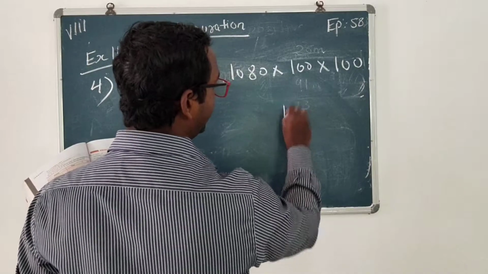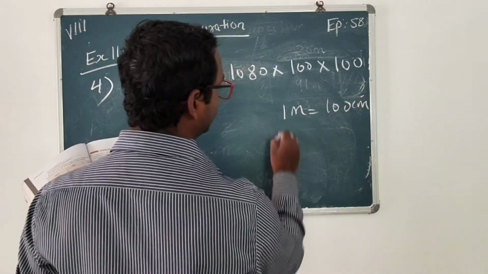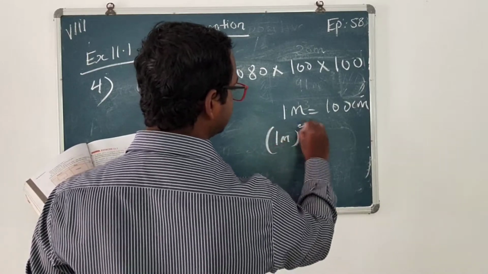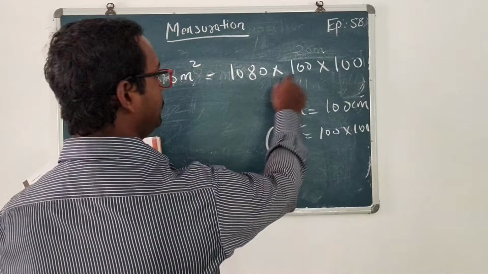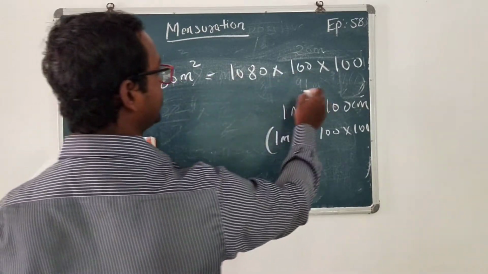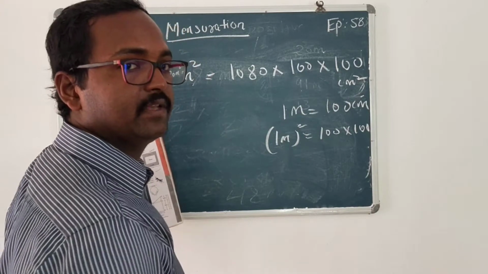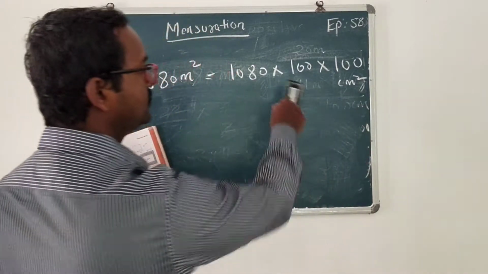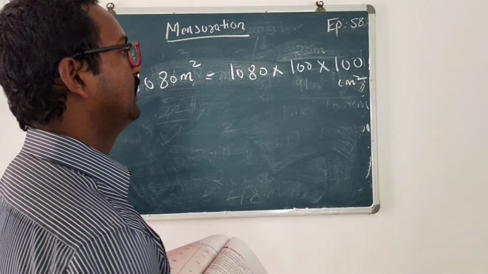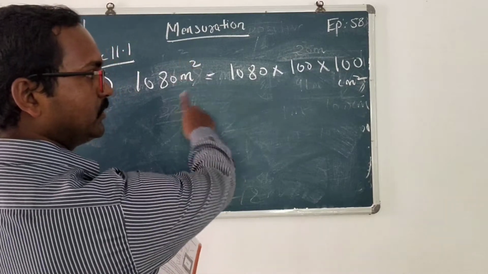See here, 1 meter is 100 centimeter, so 1 meter square is 100 into 100. Meter square to centimeter square, you have to multiply with 10,000, or 100 into 100. So we have converted our area, which is given in meter square, to centimeter square.